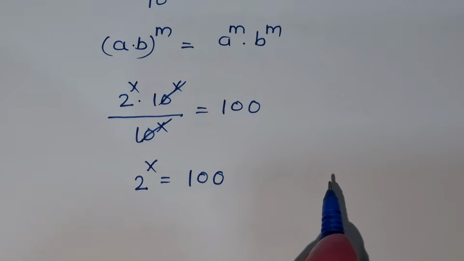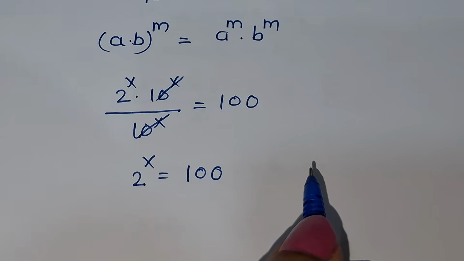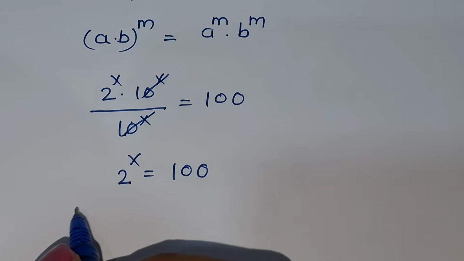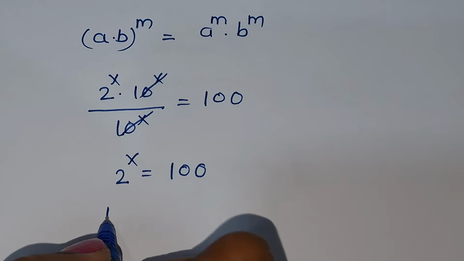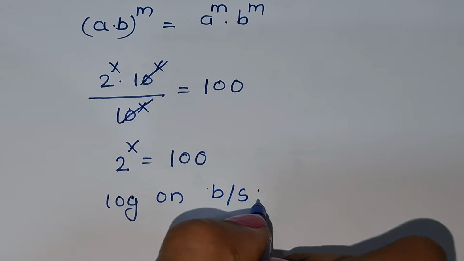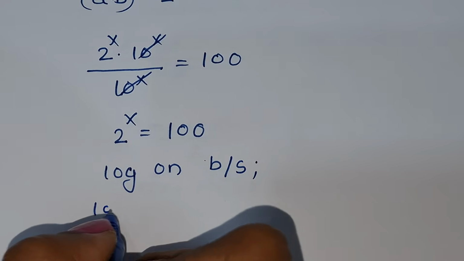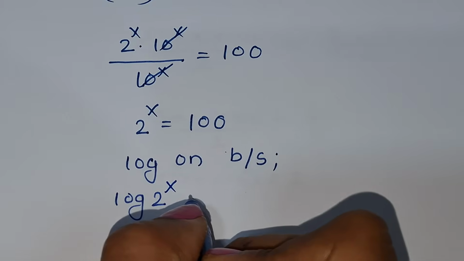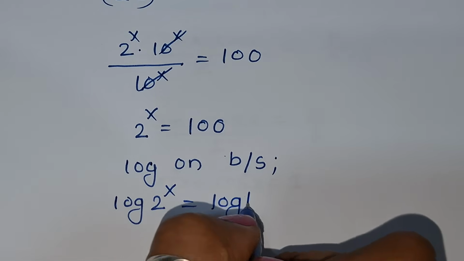Now to find the value of x, we can use log. Taking log on both sides, we get log of 2^x is equal to log of 100.